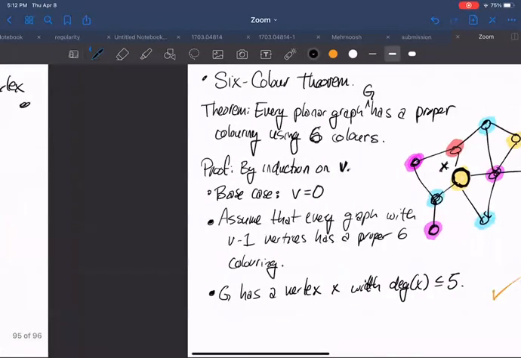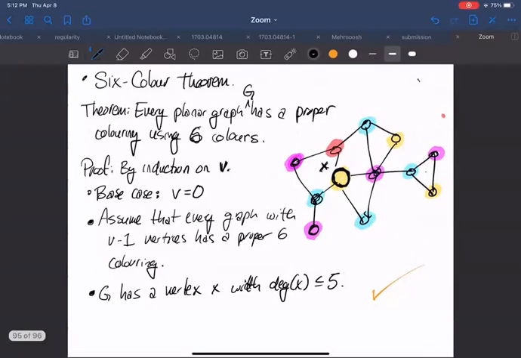So when we do our coloring, we look in our graph, find that vertex that has degree less than or equal to 5, and that's the one we pick to remove. Okay. So it doesn't work if we just take an arbitrary vertex.